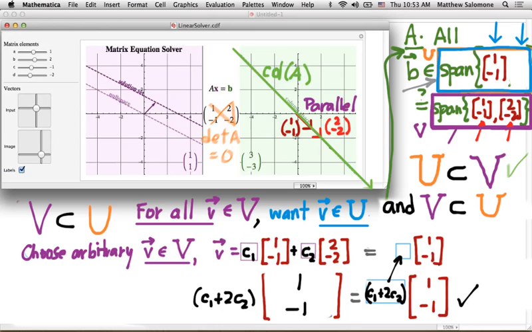And therefore, any vector which belongs to the span of the two vectors 1, negative 1 and 2, negative 2, in other words, belongs to V, must therefore also belong to U, the span of just 1, negative 1. So we've established that U and V are equal as sets.